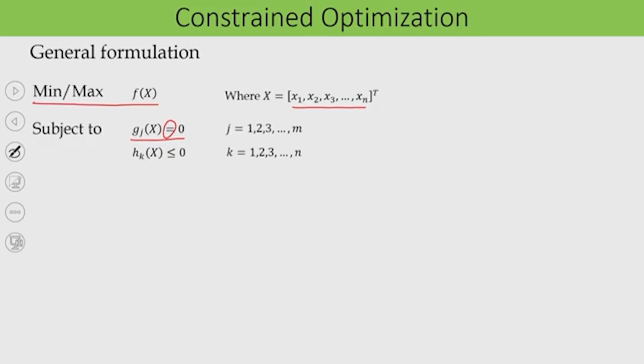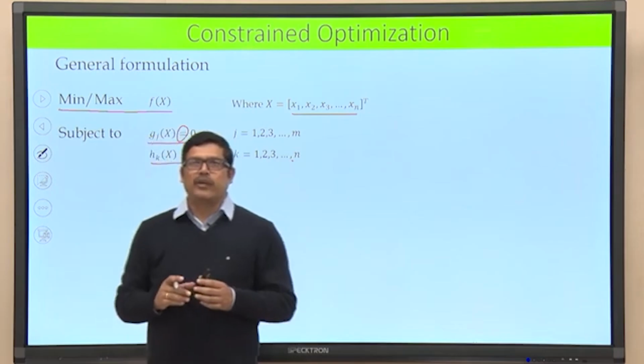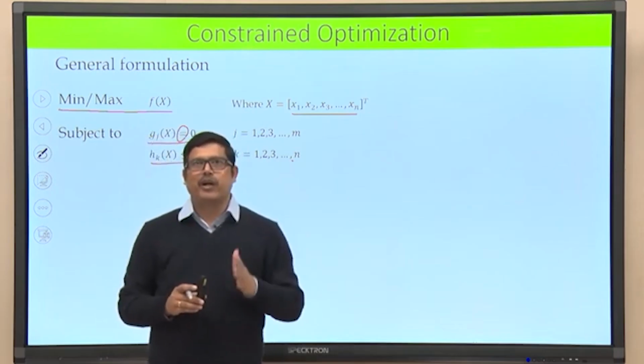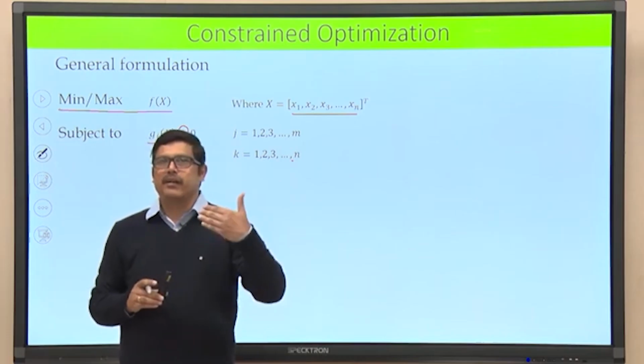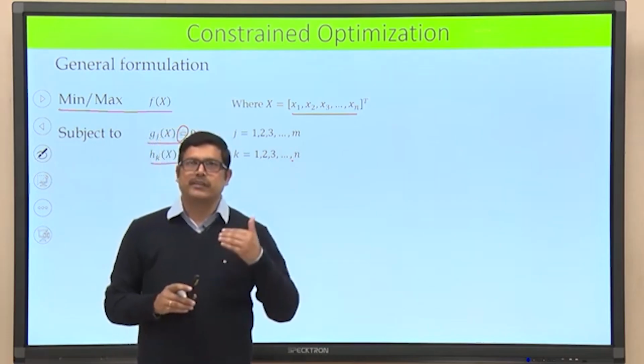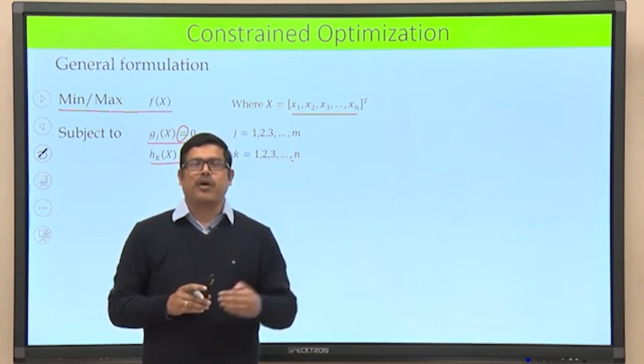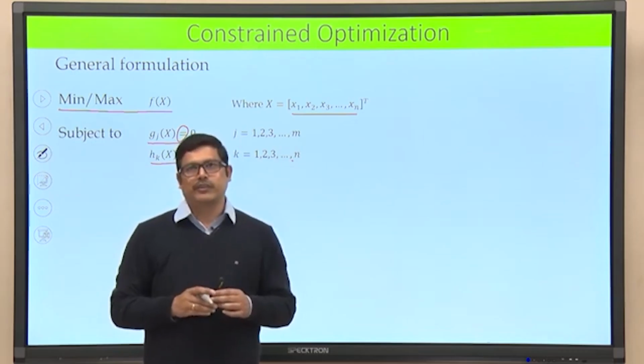But today we will only discuss the problem with equality constraints, and the inequality constraints we will discuss in the next class. So, today's lecture is on the constrained problem with equality constraints.